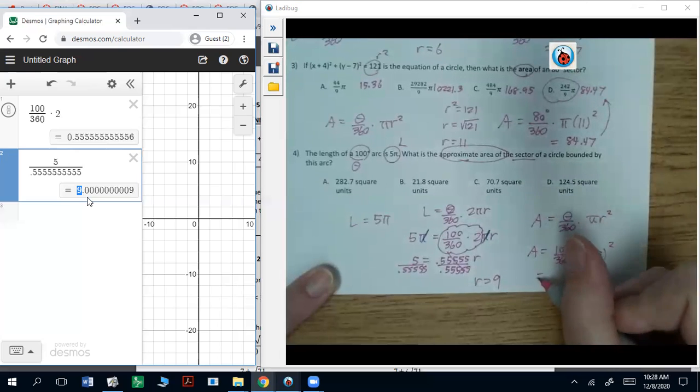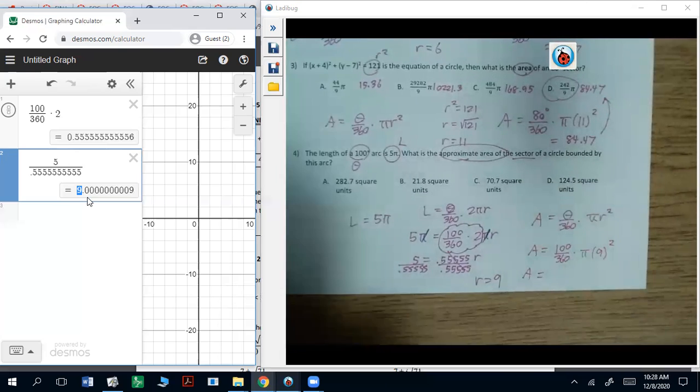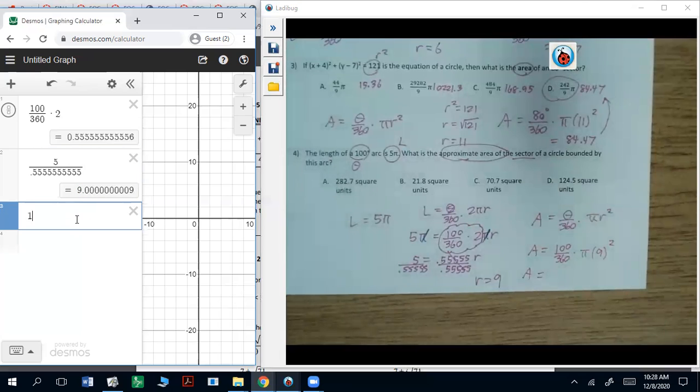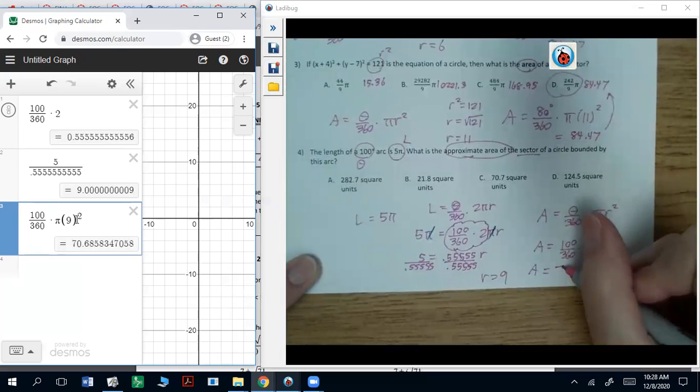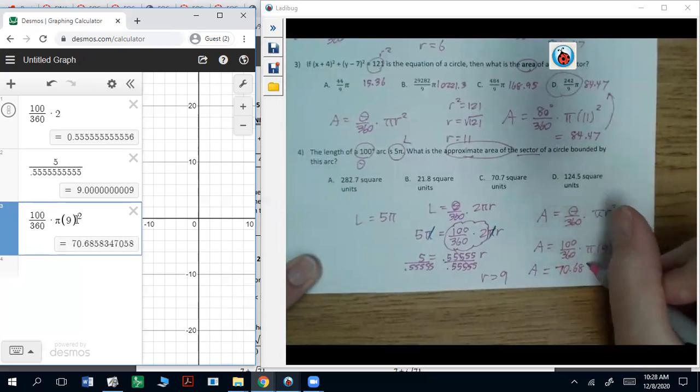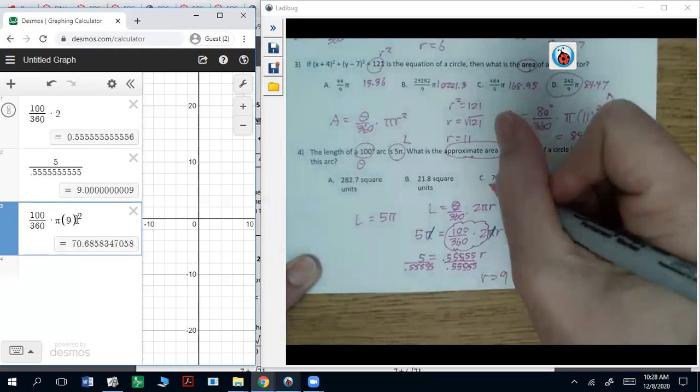Now we can plug that into the calculator again. That gives us an area of 70.685, and that's going to round to 70.7.